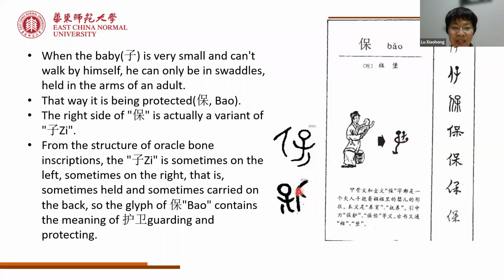Sometimes he was held like this, held in the arms, and sometimes he was carried on the back. So the glyph of 保 contains the meaning of guarding and protecting. Here the word 保 means protect, so the original meaning is to protect a baby.